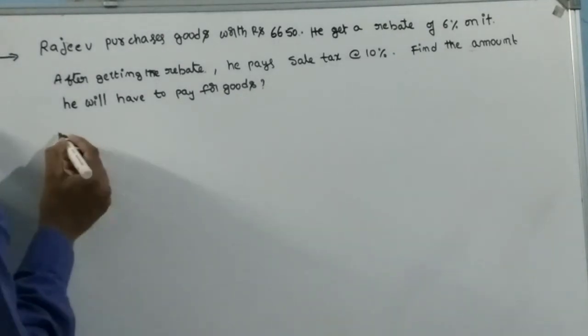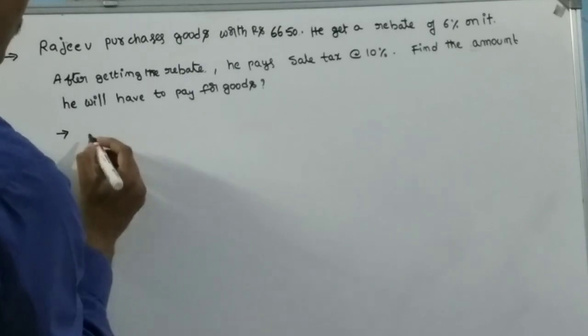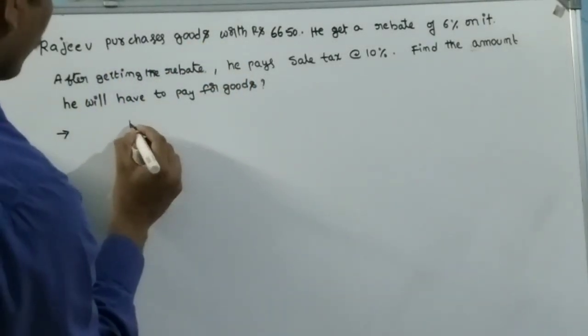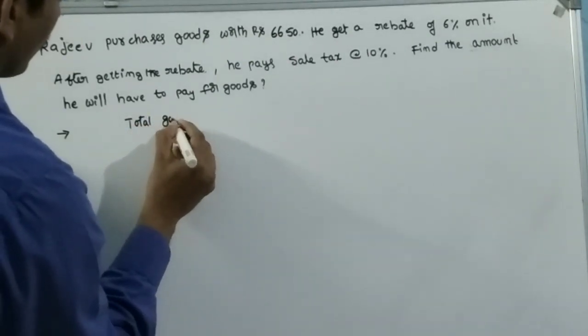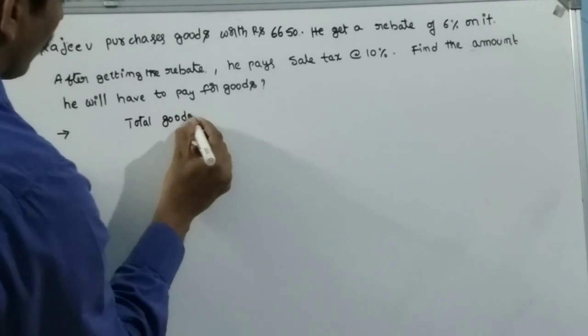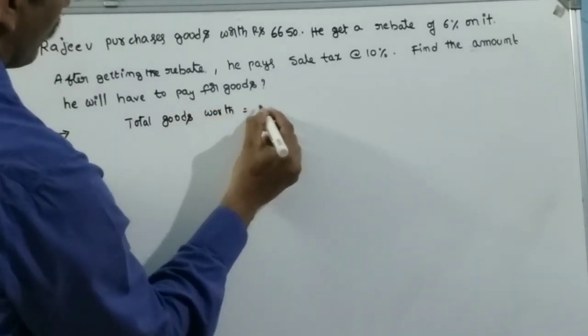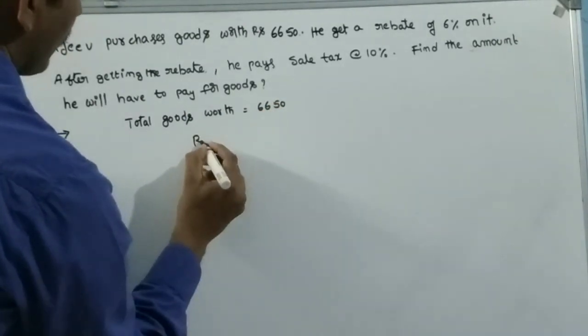Children, first we have to calculate the rebate amount. What is the total goods worth? Total goods worth is 6,650. Rebate is how much?